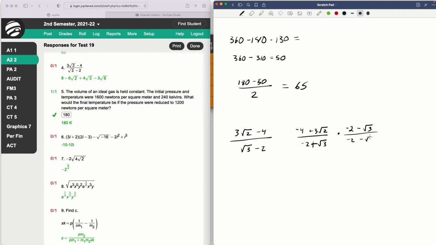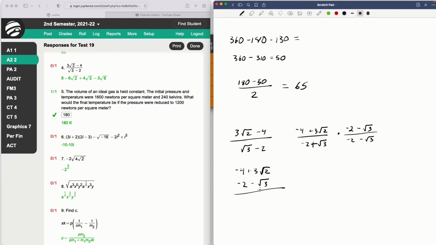Negative 2 minus the square root of 3. So that's going to be a 2. Negative 2 minus square root of 3.